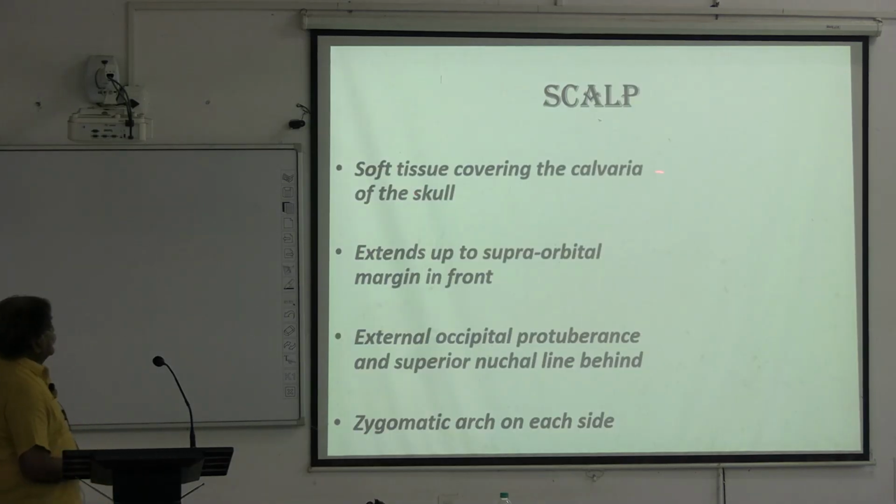The soft tissues covering the calvaria of the skull extend up to the supraorbital margin in front, and the external occipital protuberance and superior nuchal line behind, and the zygomatic arch on each side.